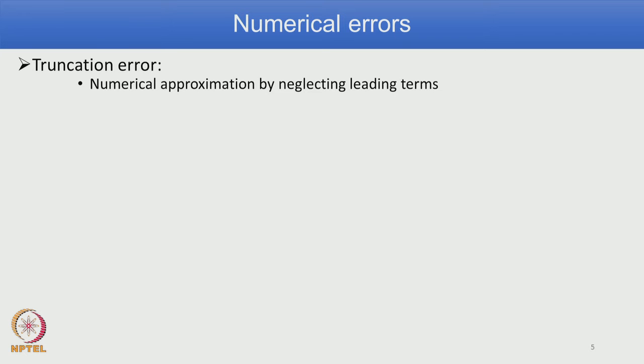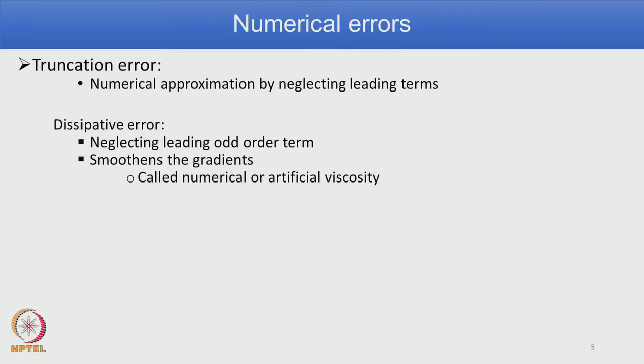The remaining terms can be of odd order or even order. Accordingly, the error can be of two types. One is dissipative error. Here the leading neglected term is of odd order. This also behaves like a viscosity. You know in basic fluid mechanics viscosity helps in diffusion.